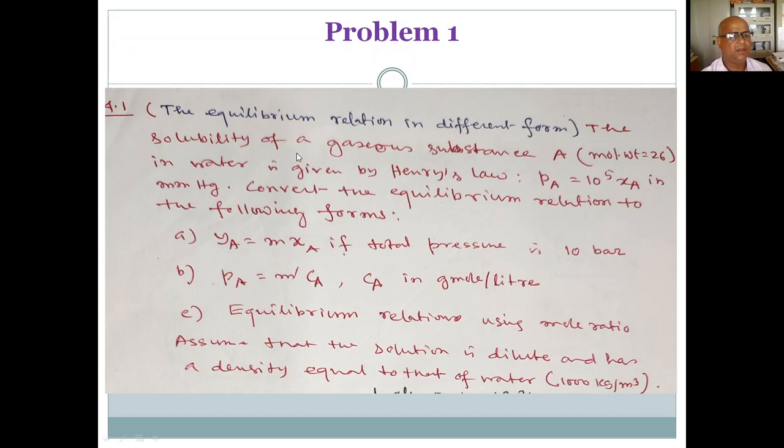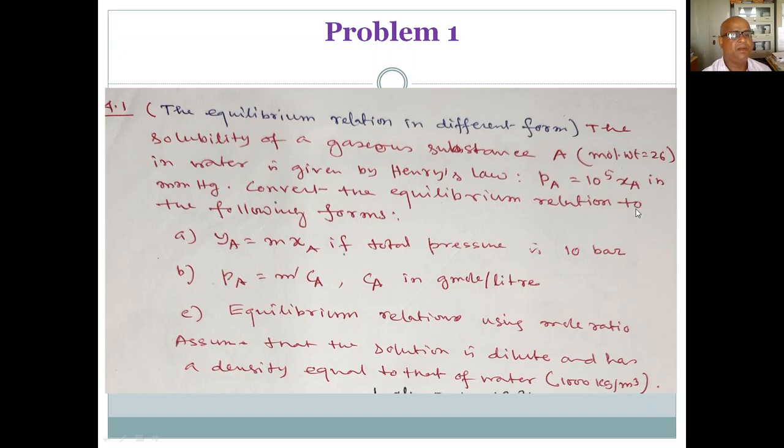The solubility of a gaseous substance A, whose molecular weight is 26, in water is given by Henry law, that is PA equals 10 to the power 5 into XA, where PA is the partial pressure of A and XA is the mole fraction of A in the liquid phase, and this is the Henry constant m. And PA is expressed in millimeter of mercury.